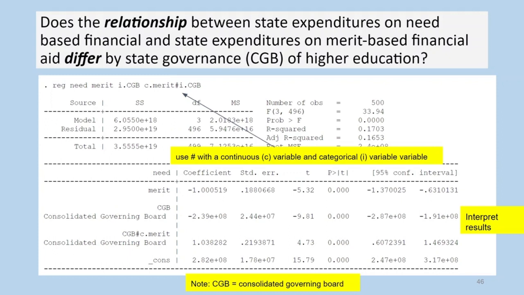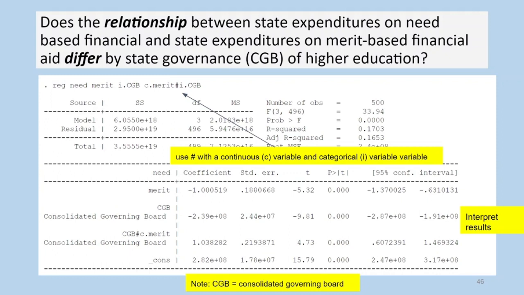Look at need as the dependent variable, merit as the main independent variable. We look at consolidated governing board, we call it CGB.